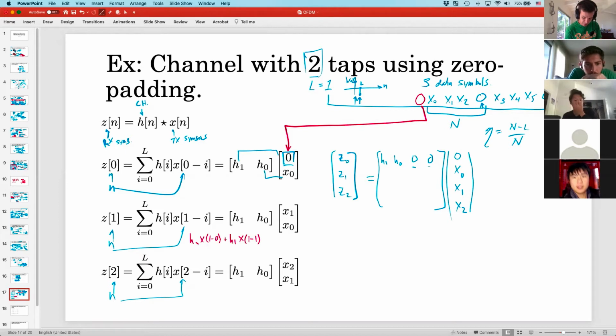So this should be h of 0 times x of 1. I think we need to flip these around. So typo. And then just to be sure, if I made that typo there, I likely made it down here as well. This is h0, so let i be 0, times x of 2, plus i is 1, so h of 1, x of 2 minus 1, so that's x of 1. Okay, so again, typo here as well.